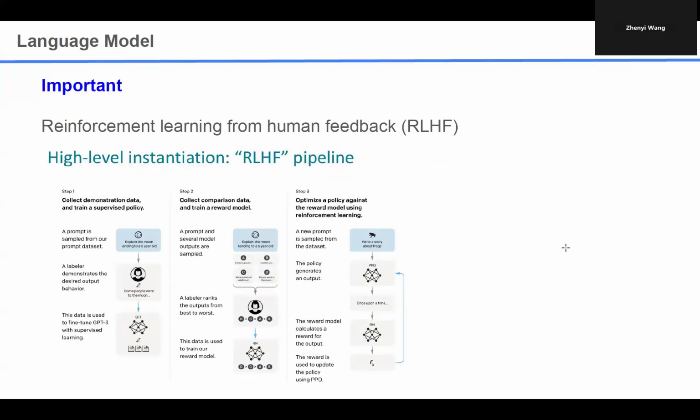The last very important topic is reinforcement learning from human feedback and direct preference optimization. This is also a very important fine-tuning technique for large language models.